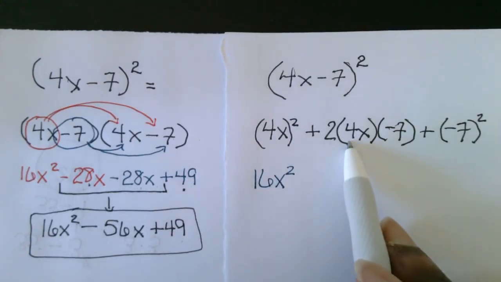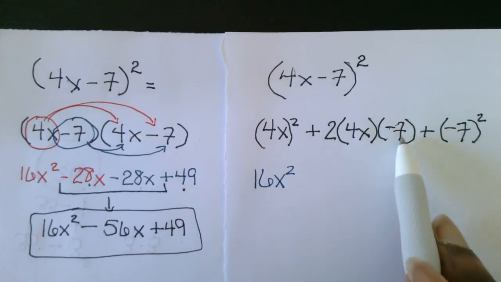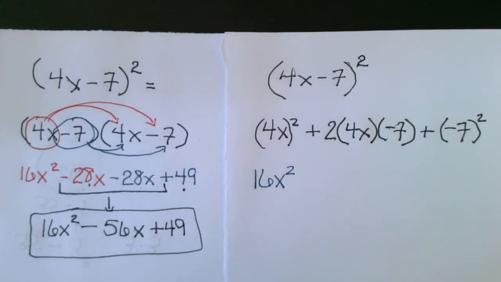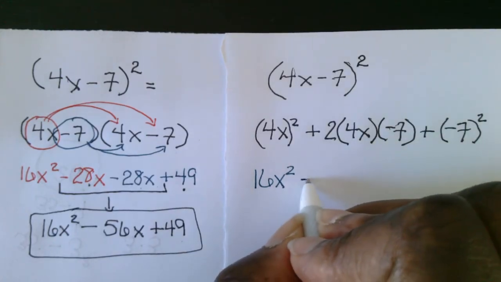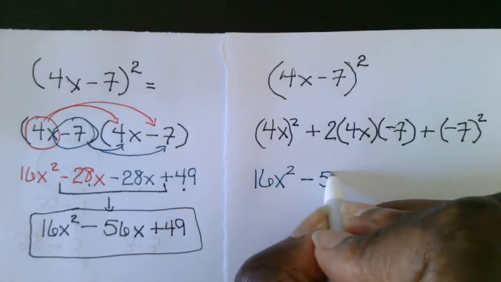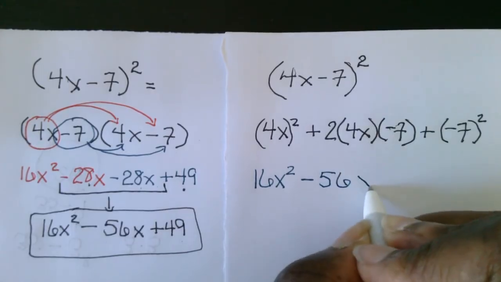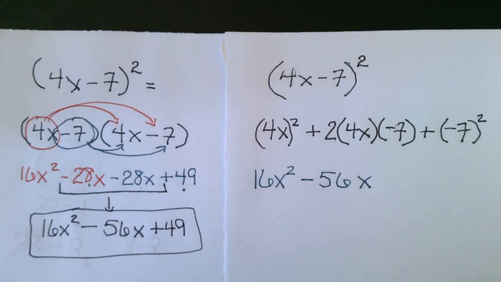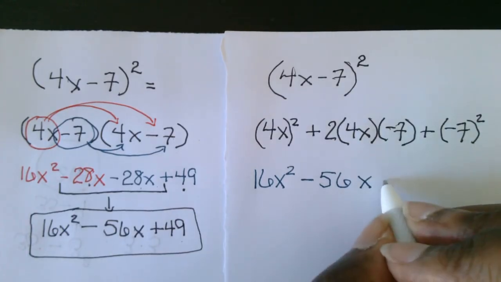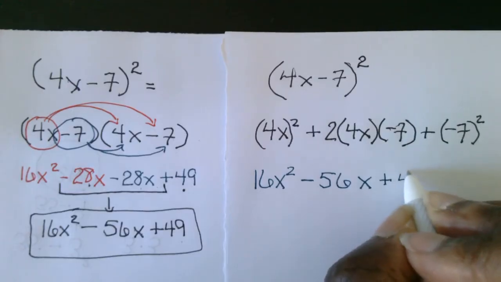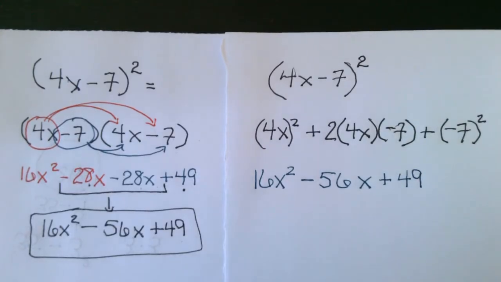So now you're multiplying your 4 times a 7, which gives me a negative 28, and negative 28 times 2, that gives me a negative 56x. Then you have your negative 7 being squared, so negative 7 times negative 7, that gives you your positive 49.